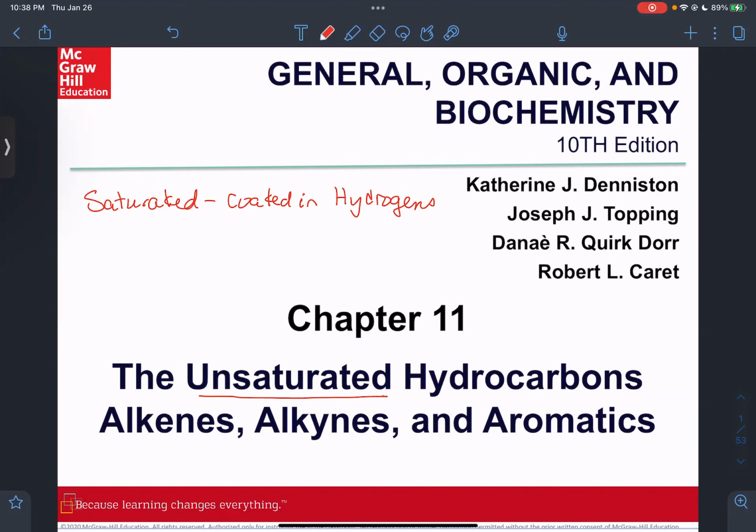For example, the alkenes have gained a carbon-carbon double bond. The alkynes have gained a carbon-carbon triple bond, and aromatics have turned into a ring structure that has basically alternating single and double bonds, but we'll talk about them in more detail later.